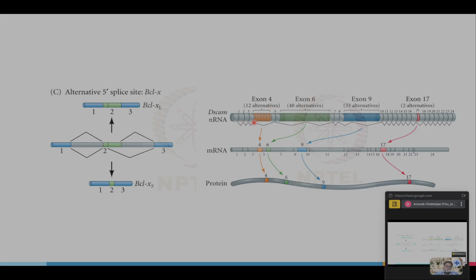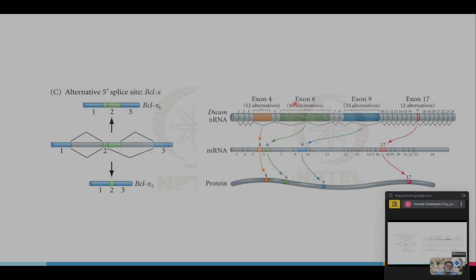What I mean by that is that, as you can see right here, there are 12 alternative exon 4s that the DSCAM gene can choose to actually include in the mRNA. So it will go all the way from the third exon, and it will choose one out of 12 of the exon 4.